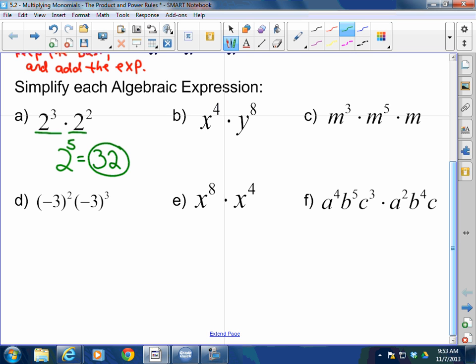Done. X to the 4th times y to the 8th. Wait a second, are those the same bases? No, so I cannot do anything with those exponents. It stays the same. How about m cubed times m to the 5th times m? Are all of those the same base? Yes, m. M to the 3 times m to the 5 times m to the 1st, because there's an invisible 1 here.